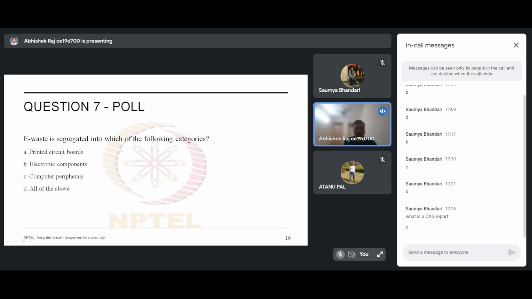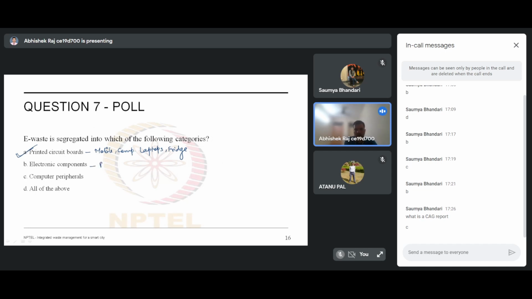We'll discuss the answer. E-waste is segregated into which of the following categories? PCBs include the circuit boards which are used in mobile phones, computers, laptops. Nowadays also in a fridge there will be some circuitry which comprises PCBs. So A can become e-waste. Then we have electronic components.